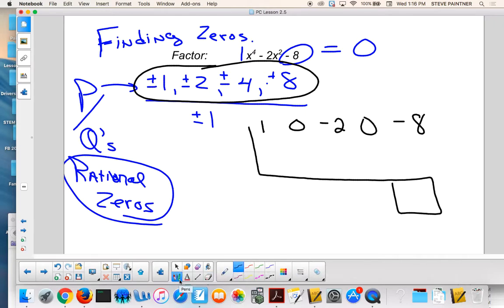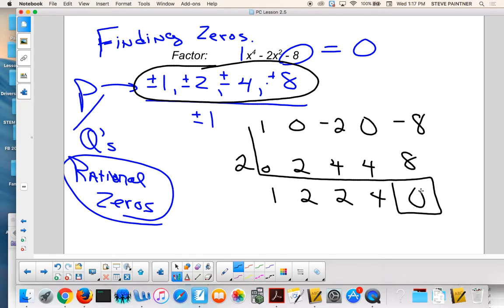Everett says 2 works. Okay, I'll try 2. 0 here. Bring down the 1. Multiply 2, add down 2, multiply 4, add down 2, multiply 4, add down 4, multiply 8. It worked. So one of my zeros is 2.